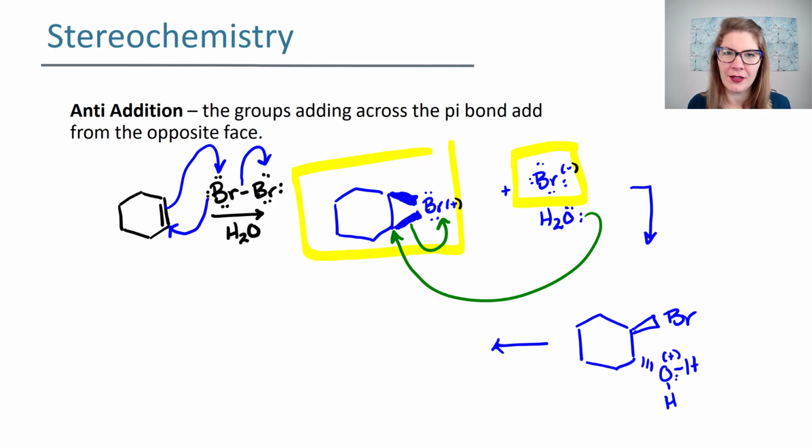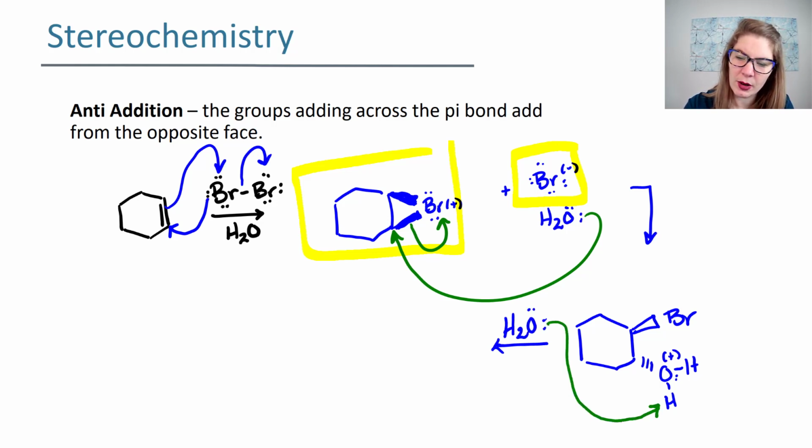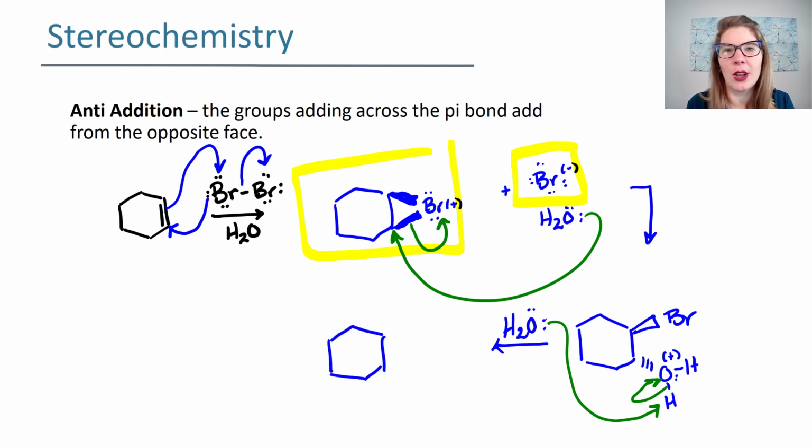Hydrogen bromide's one of your 7 strong acids, or 6, depending upon your general chemistry teacher. So water's going to be what comes in and pulls off that extra proton so that we end up with an alcohol instead of this thing that's called an oxonium ion that I like to call bound water, because who's going to remember oxonium ion?